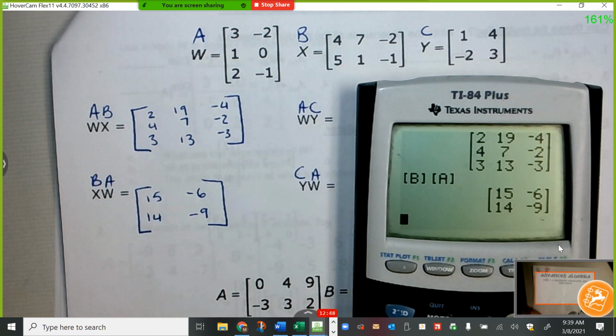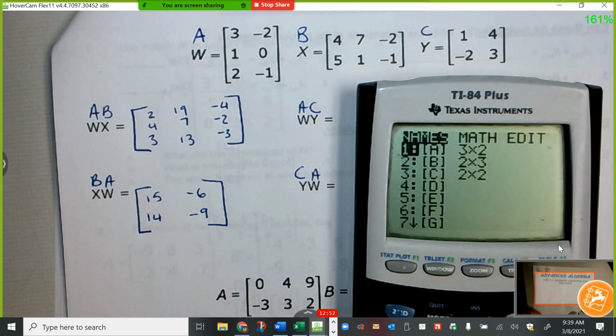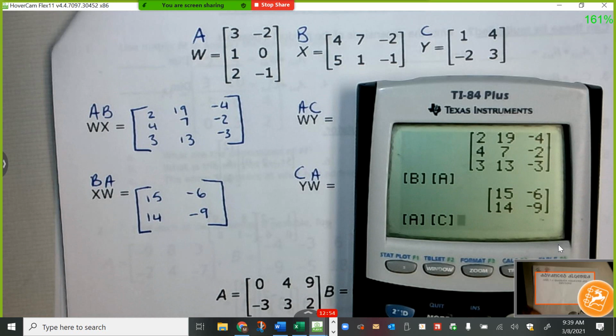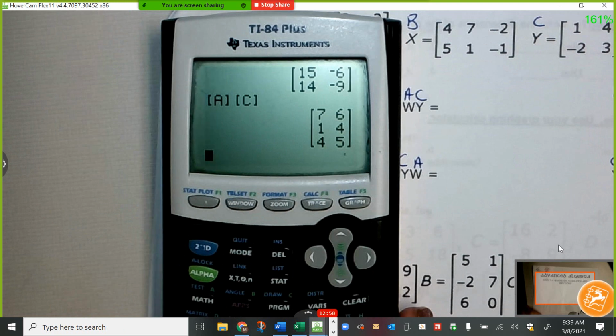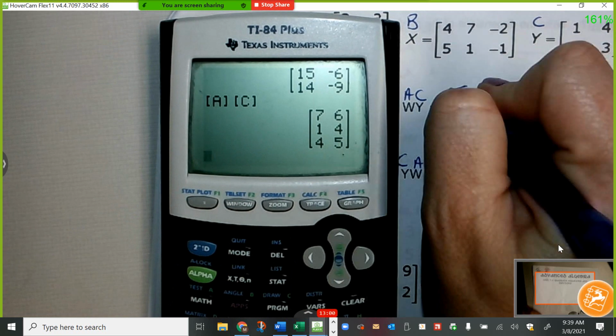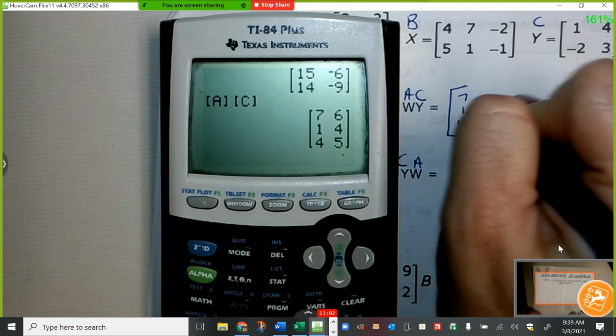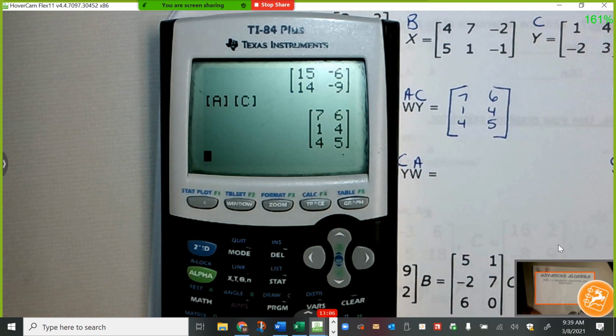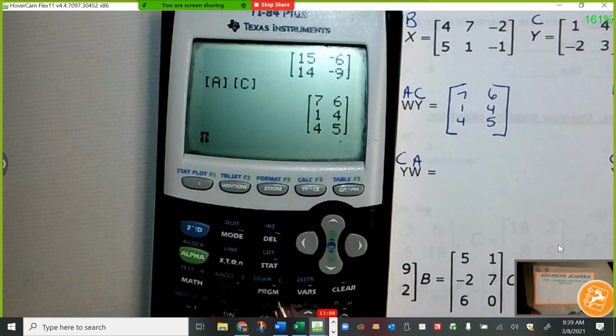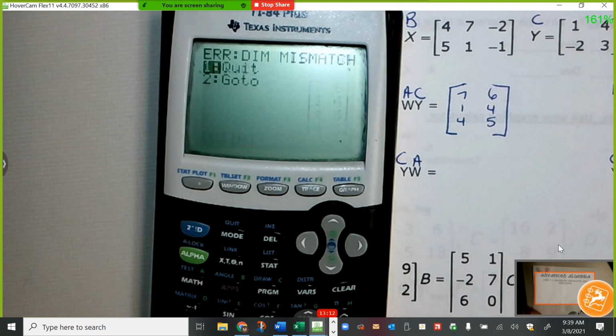So then we have an A times C. And then we have a C times A. What does it say?